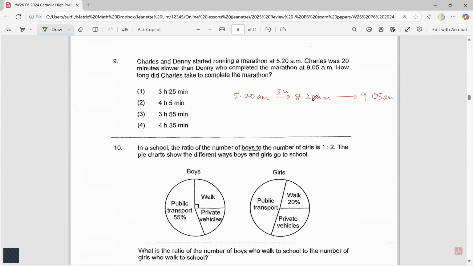So from 20 to 9 is 40, then you add 5, or 45 minutes. So 3 hours 45 minutes. But Charles was slower, so the time that he took was actually greater. So we add 20 minutes. 4 hours 5 minutes. So answer option 2.